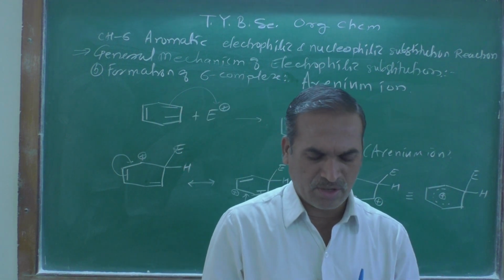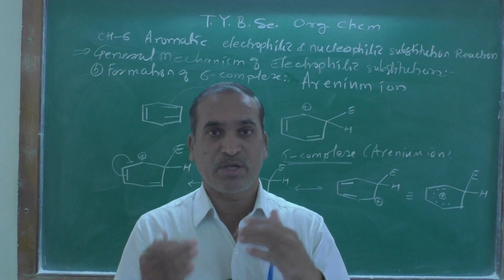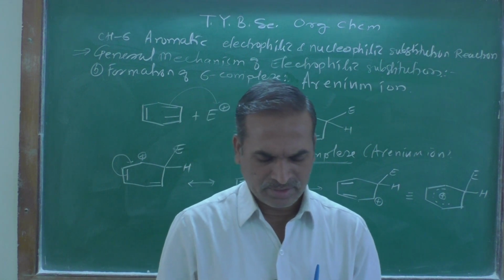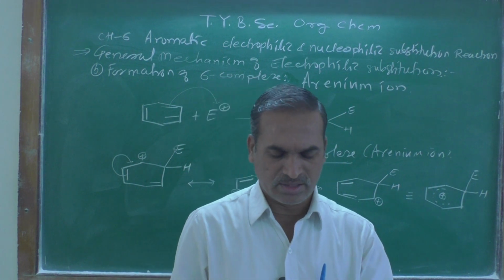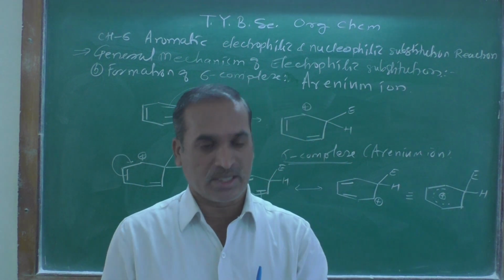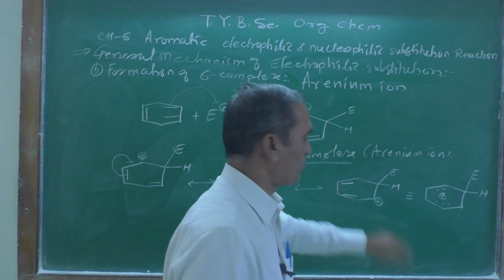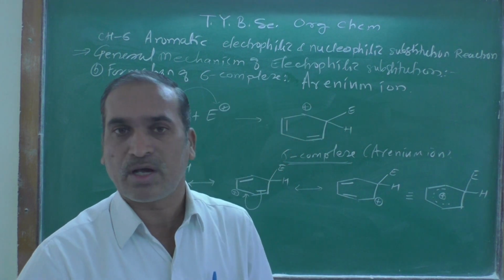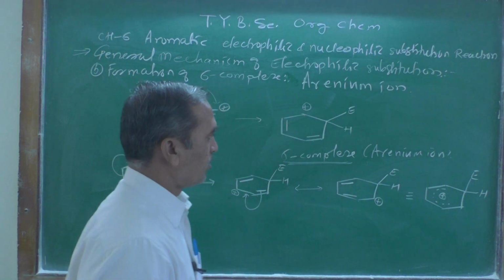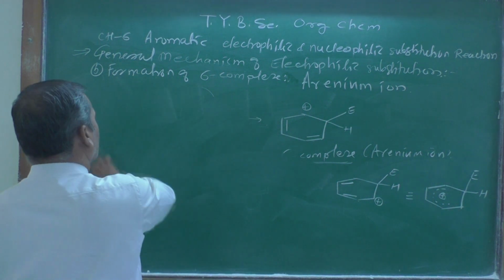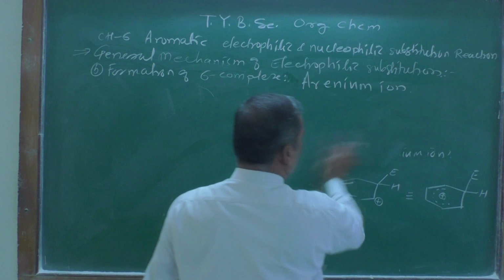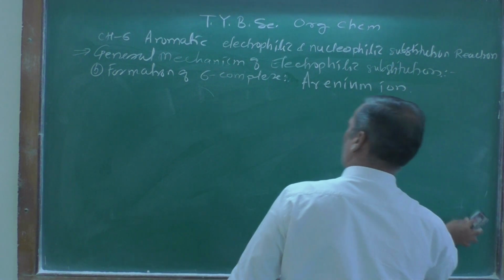The formation of the sigma complex has been proved by actually isolating it in some cases. The existence of the sigma complex is proved in some cases. Let us see what those cases are. How will you prove that?